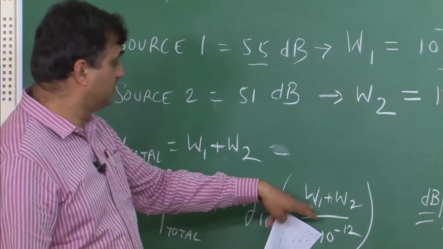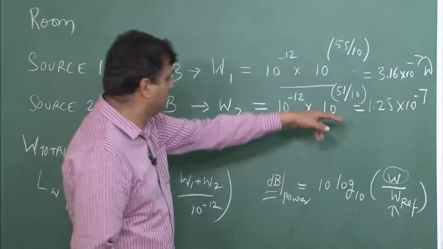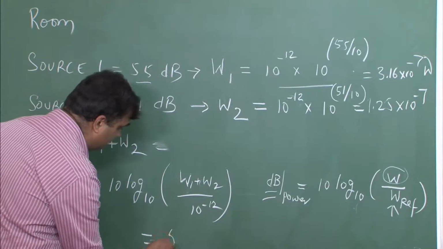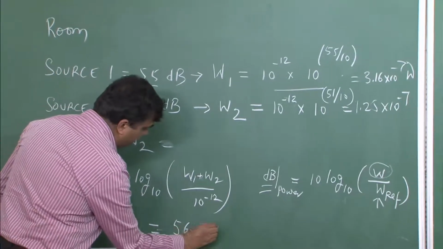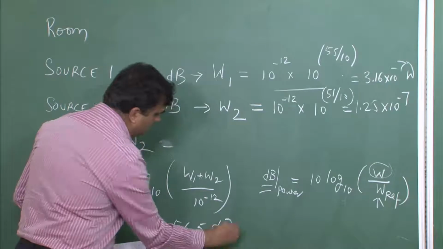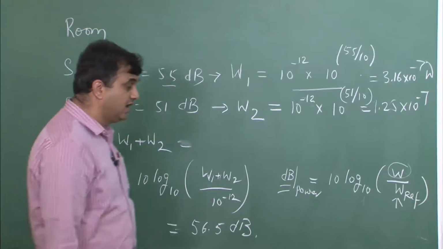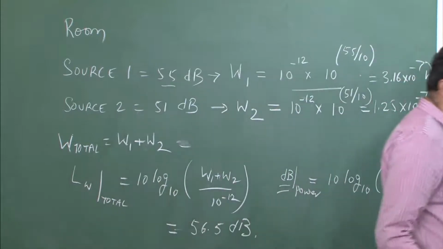I put in the values of W1 and W2 from here, and what I get is my final answer, which is 56.5 decibels. So this is how I add up two powers.